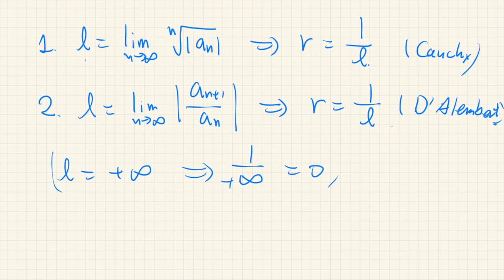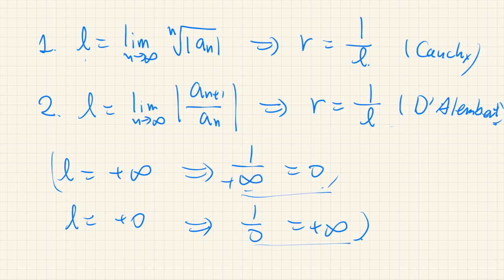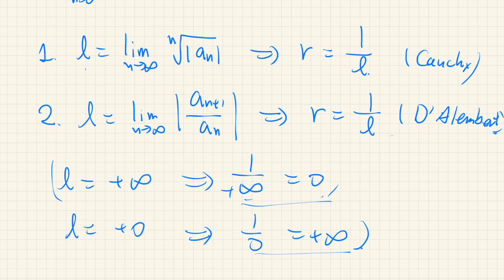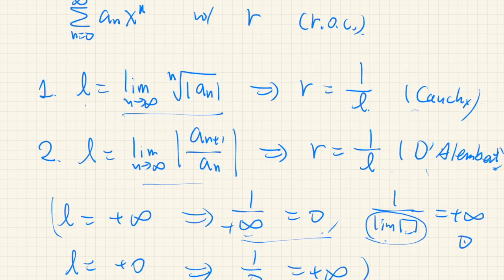And also, if this limit is 0, then 1 over 0 is understood as positive infinity. So these are just formal definitions. But what we are really doing is taking 1 over this limit, either this or this, and it may be infinity or 0 depending on the limit. We don't prove this here, but leave it as an exercise.